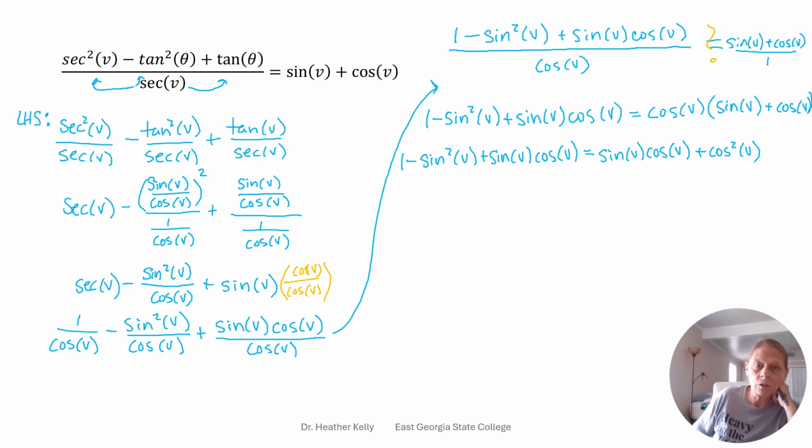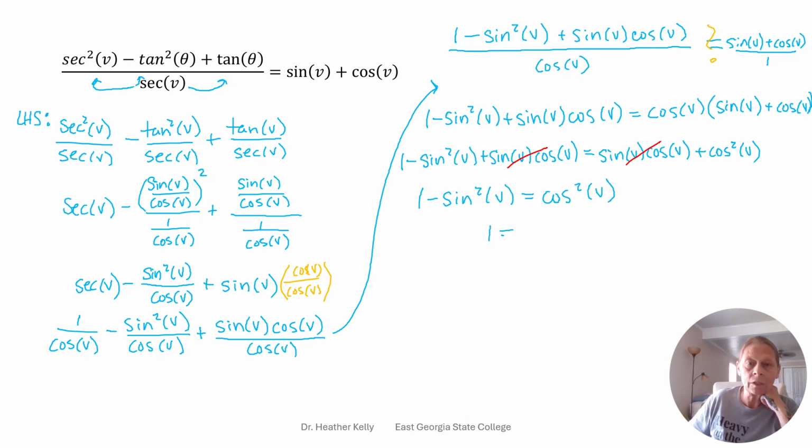Oh, this is looking so good now. It wasn't looking good for a while. It looked like it was getting messier and messier, but look at those. Those are the same, so they're going to cancel. And look what we have: 1 minus sine squared v is equal to cosine squared v. And we've done this a few times. Move that sine over. We've got 1 is equal to sine squared v plus cosine squared v. And that is a true statement. Yay.